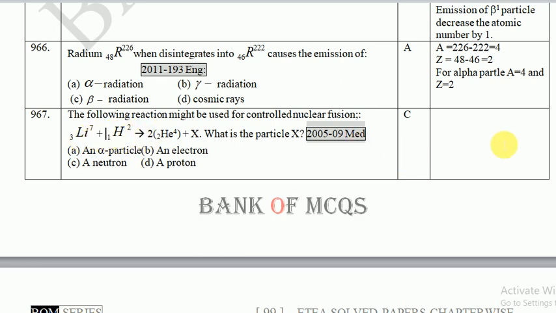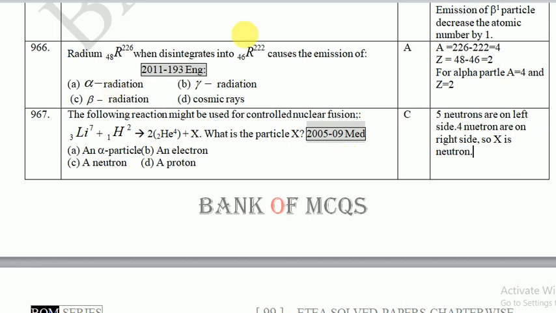So 4 plus 1, 5 neutrons are on the left side. On the right side, the number of neutrons is 4 minus 2, times 2 for the two helium nuclei, so 4 neutrons are on the right side. So option C is correct, X is a neutron. For any reaction, the number of electrons and protons must always be the same.